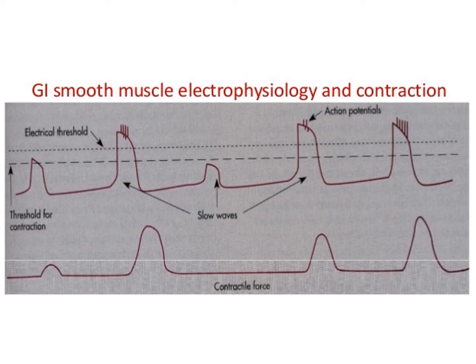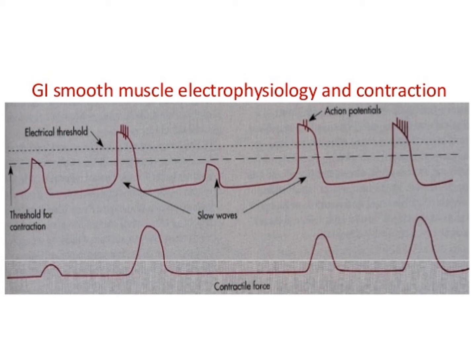We can see in the bottom recording that contraction took place only when there were action potentials, which are shown by the very small lines in the top picture, along with a slow wave. Slow wave plus an action potential will definitely produce a contraction, as the bottom recording shows.